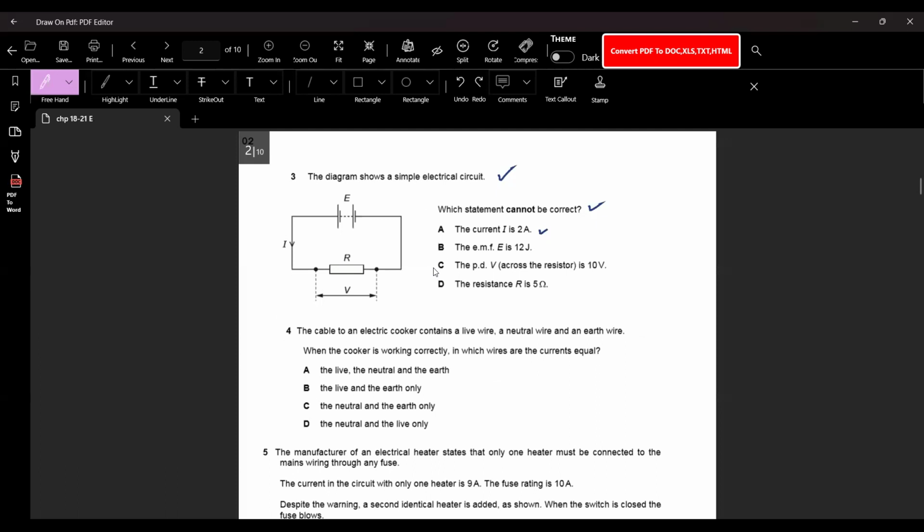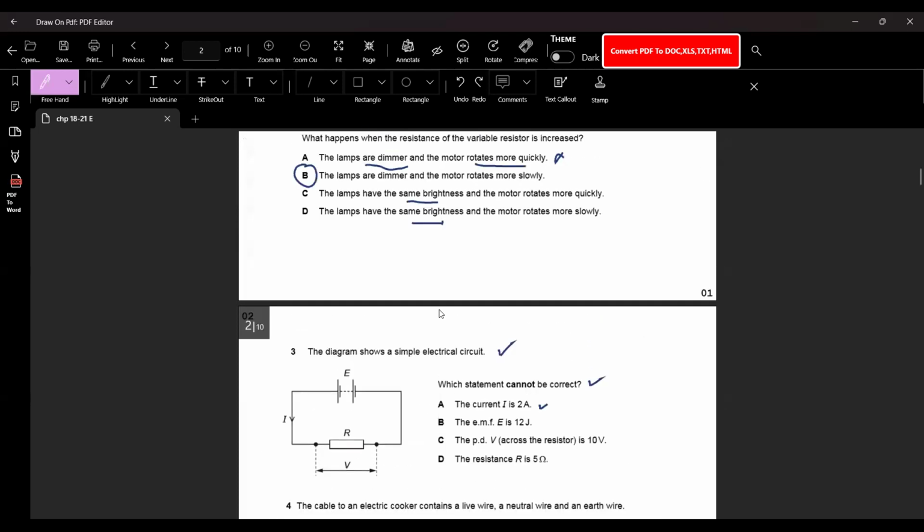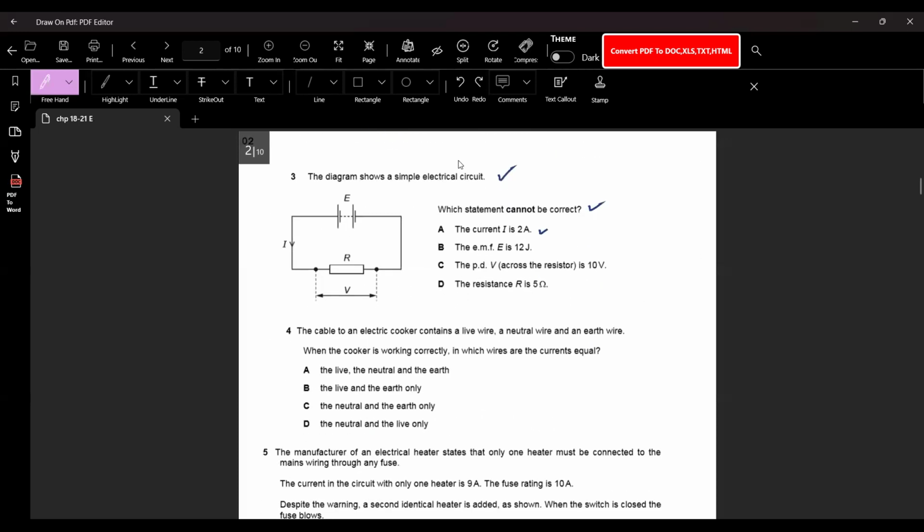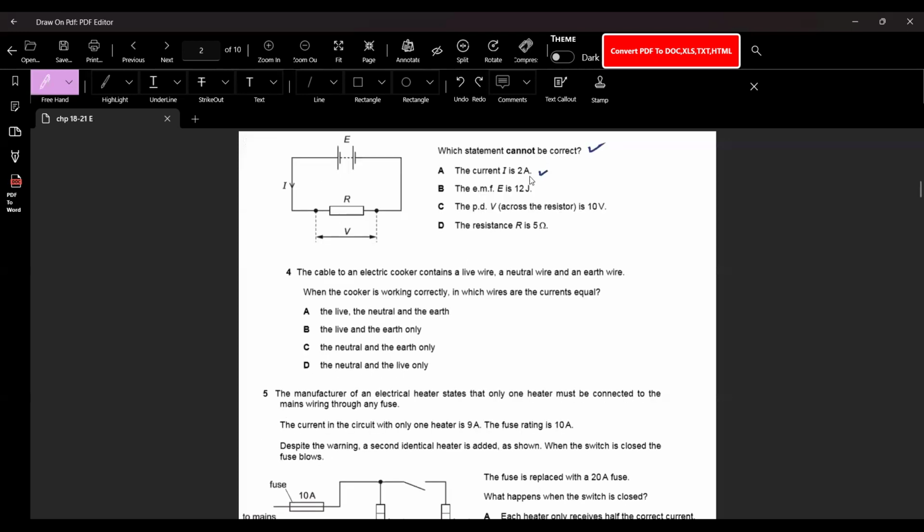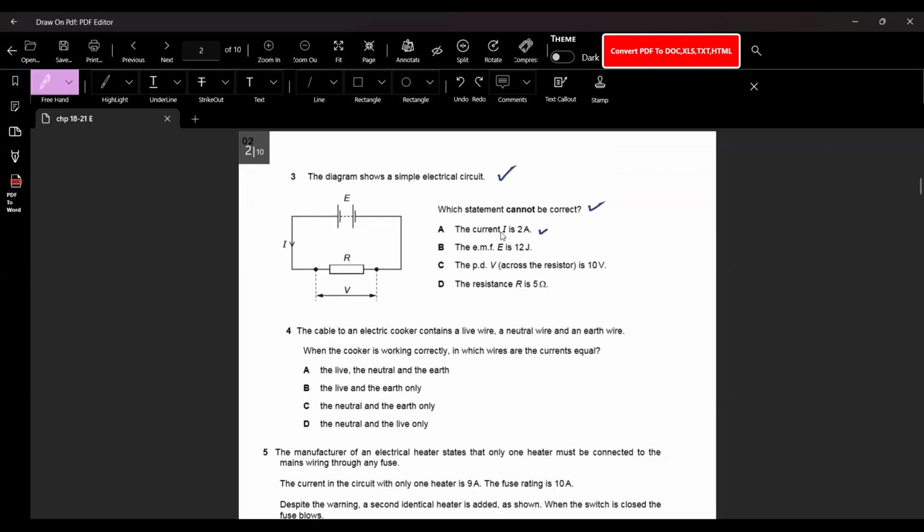During the making of the worksheet, I've missed the values that were in the circuit. Only then can we say whether the value would be 12 joules.